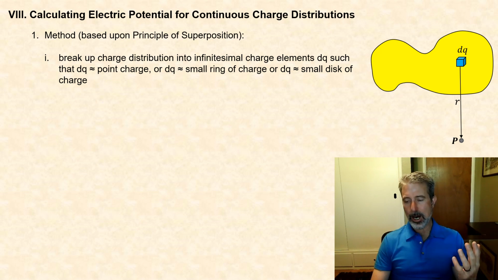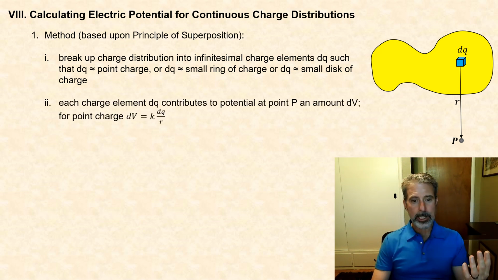Usually when we break up our continuous charge distribution, we're going to consider dq to be a point charge. But for cases with the correct symmetry, sometimes we can consider dq to be a small ring of charge or even a small disk of charge, for certain special cases. Almost always, we'll consider it to be a point charge.